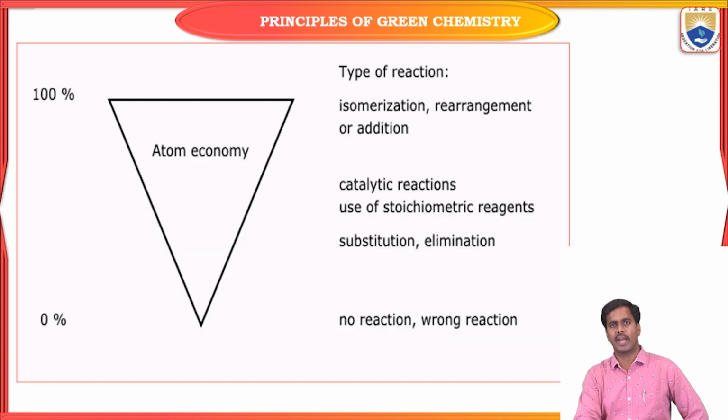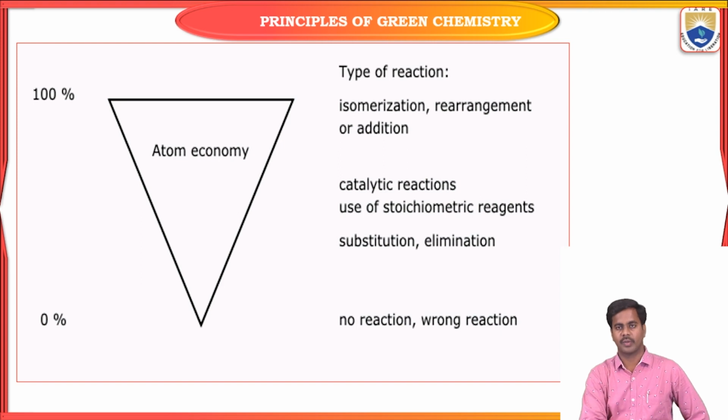Now one more advantage of atom economy is that we can identify the type of reaction with the help of atom economy. A reaction with 100% atom economy is either an isomerization, rearrangement or addition reaction.